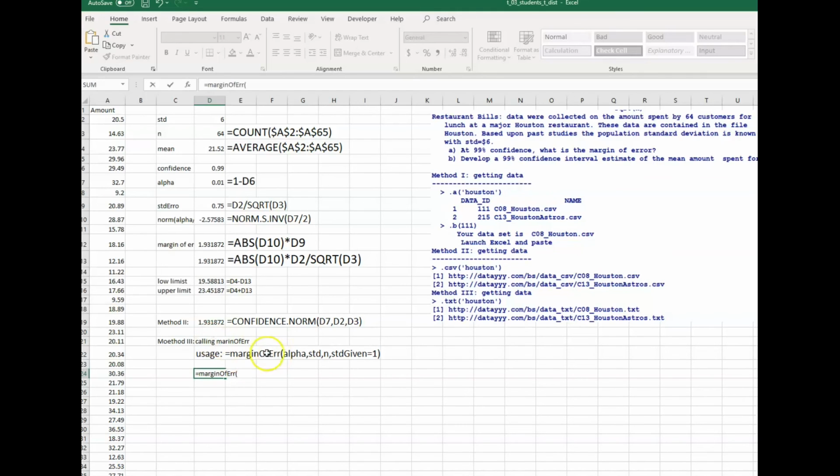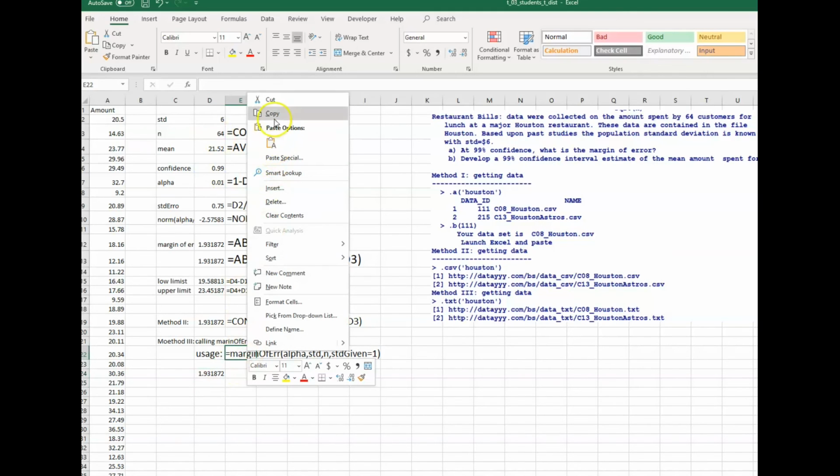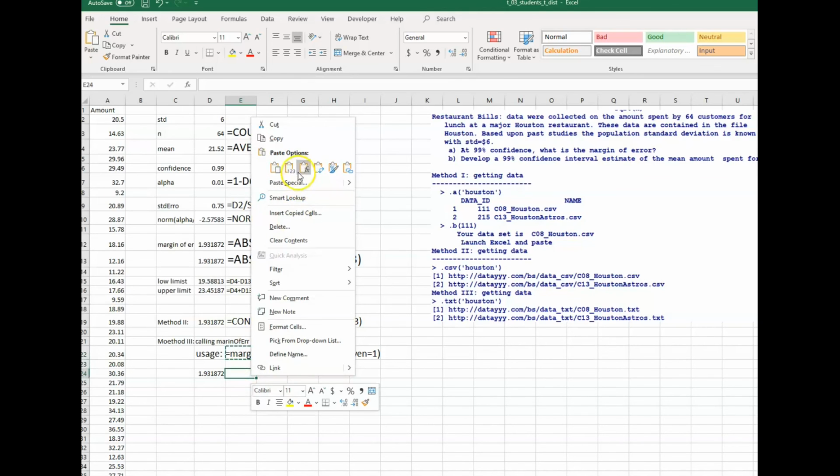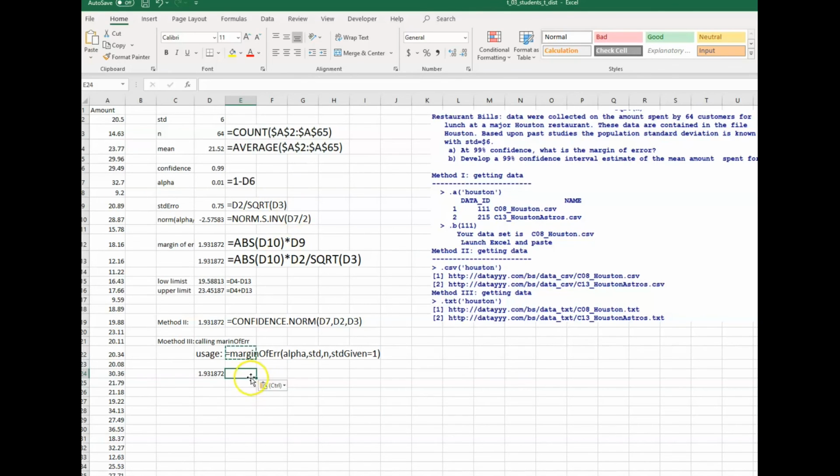The first one is alpha, exactly as in CONFIDENCE.NORM. The second one is standard deviation, given 6, and then how many observations. Then we have the exact same result. This is show formula.